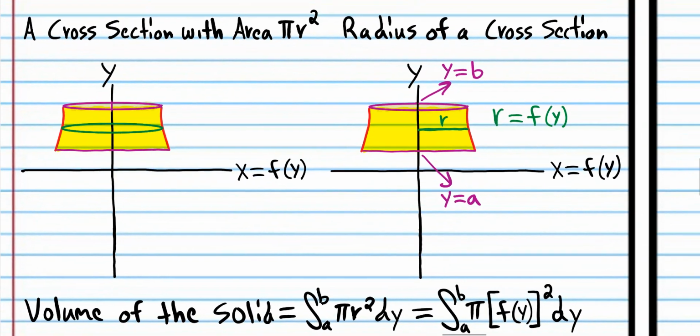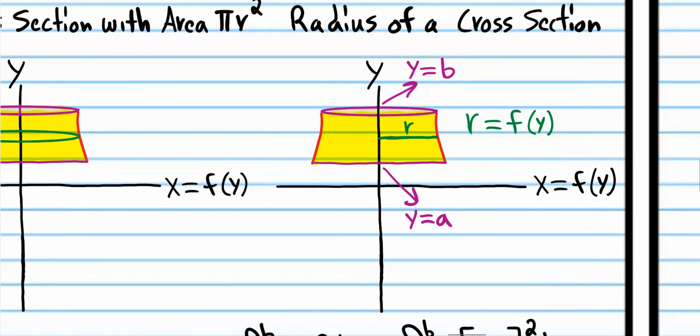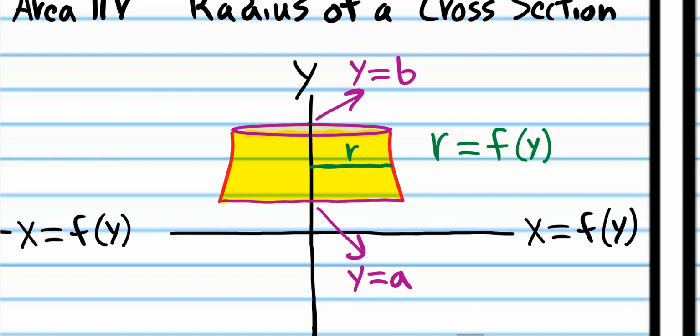And it's going to be more convenient to think about the radius in terms of y rather than in terms of x. Now, our r values are going to be technically x values. This distance here is an x value of this point.